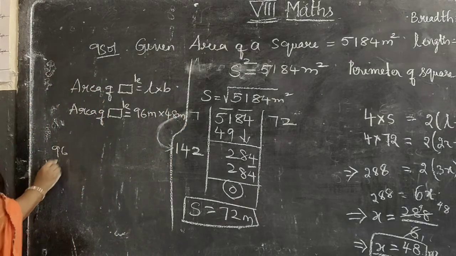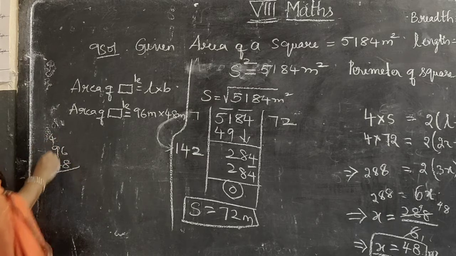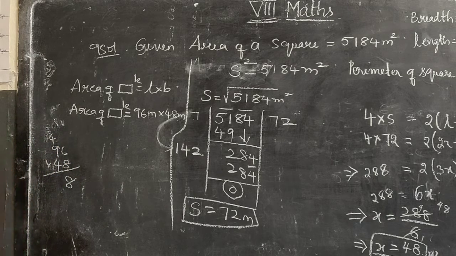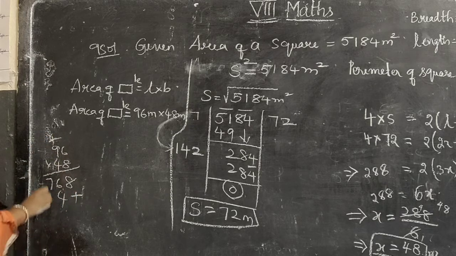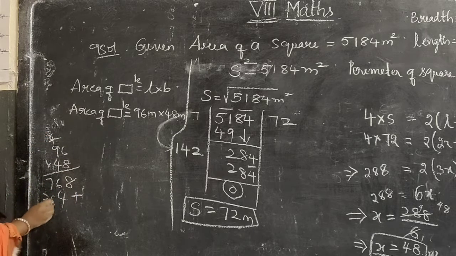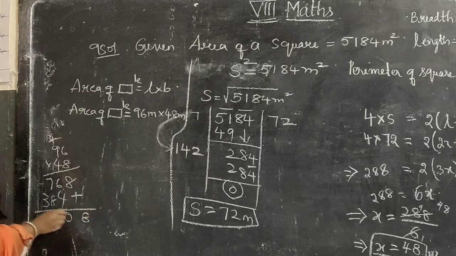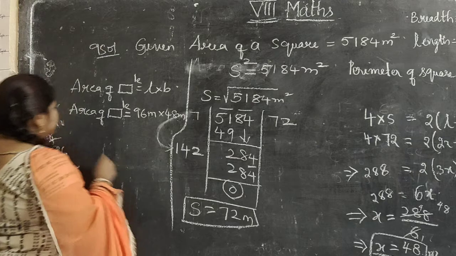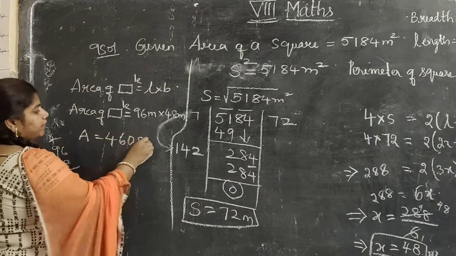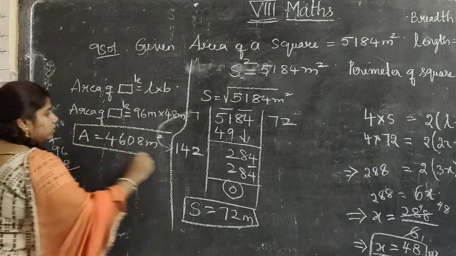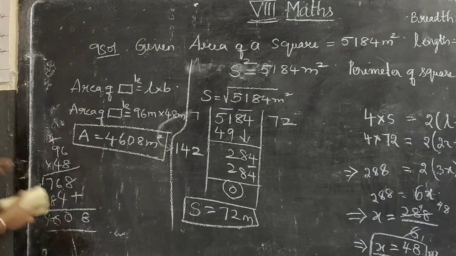Multiply this one. So the area value we got is 4608 meters square. So this is our last problem in this exercise.